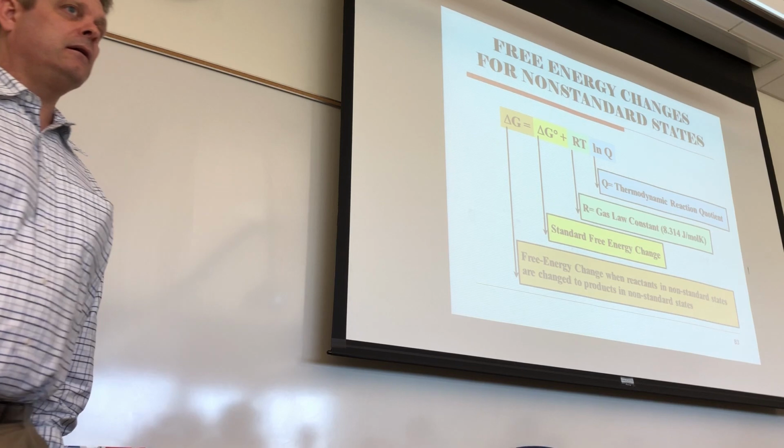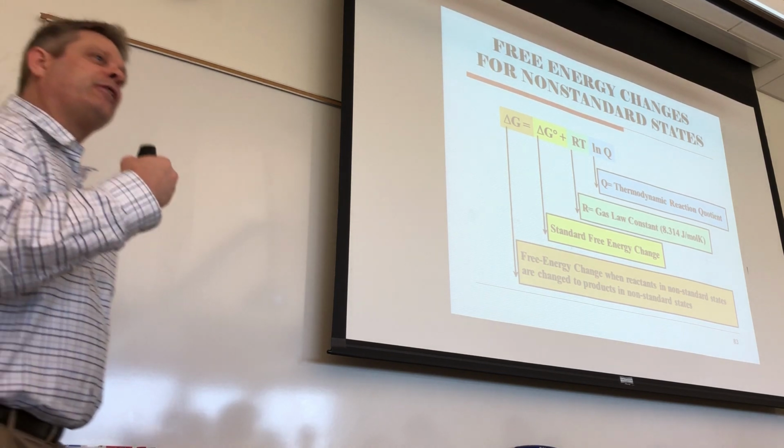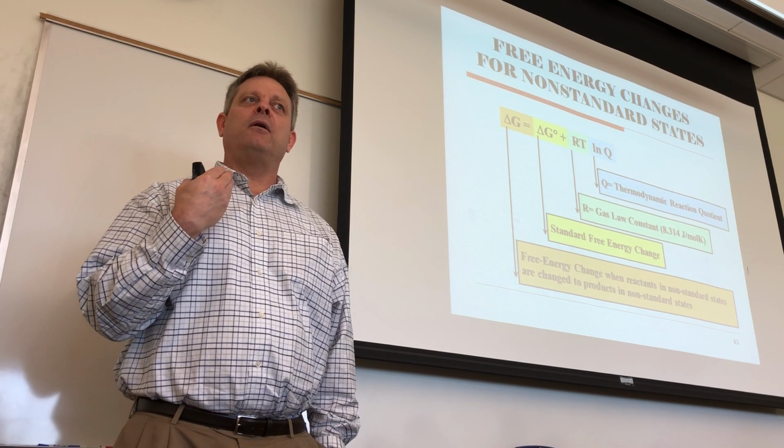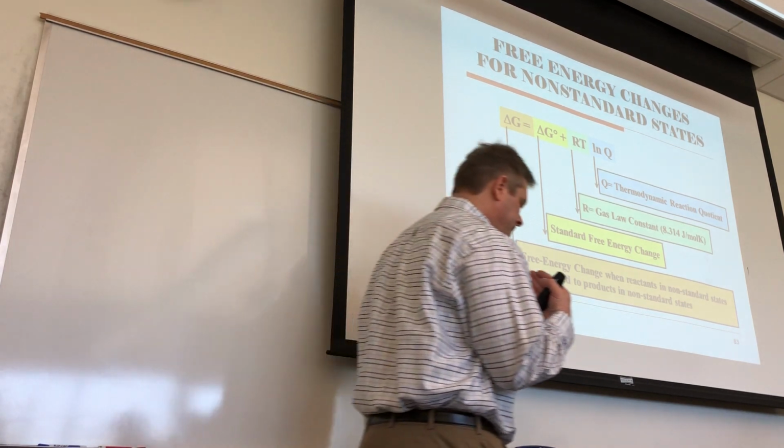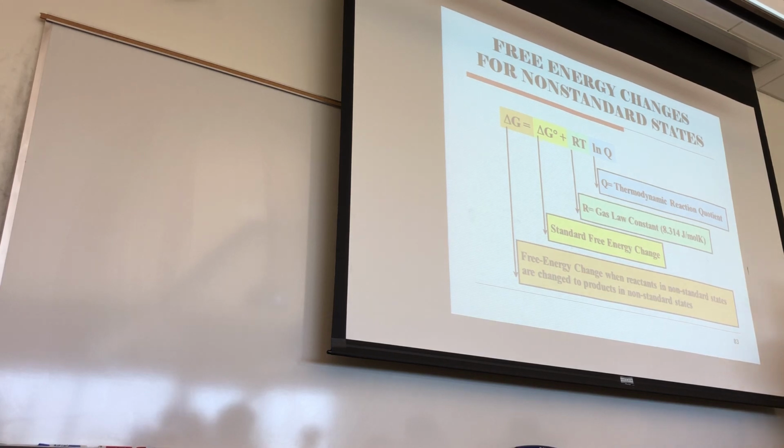K, right, remember? So if I'm at K, I'm at equilibrium. Also, from a Gibbs free energy perspective, when am I at equilibrium? When delta G is 0. Okay. So those two things correlate equilibrium to Gibbs free energy.